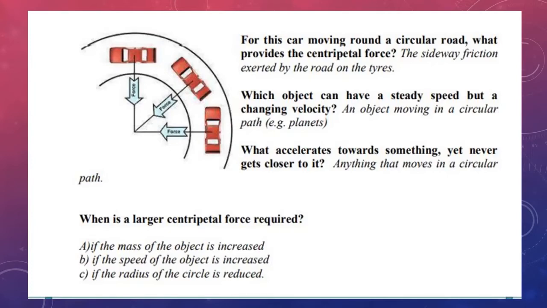The second situation, if the speed of the object is increased, this means we need to increase the centripetal force. Number three, if the radius of the circle is reduced.